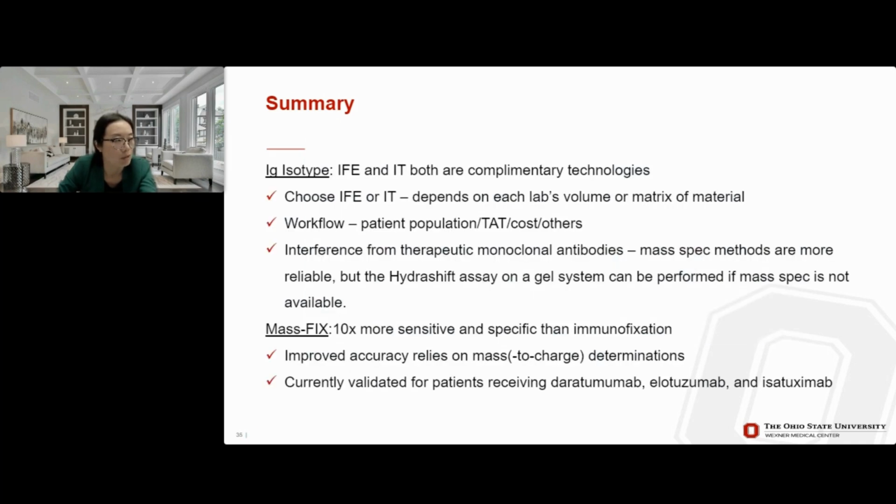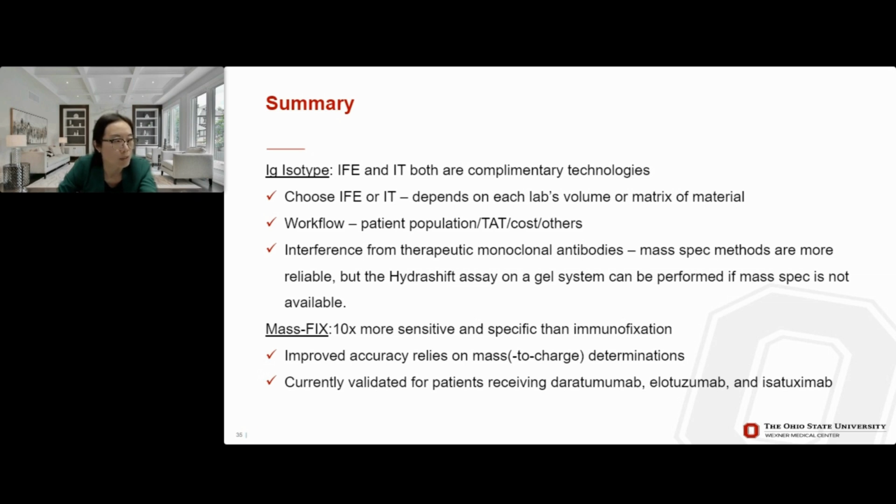And for the isotyping of immunoglobulin, gel and capillary electrophoresis are both complementary technologies. Whether to choose gel or capillary electrophoresis depends on each lab's volume and also the matrix of material.